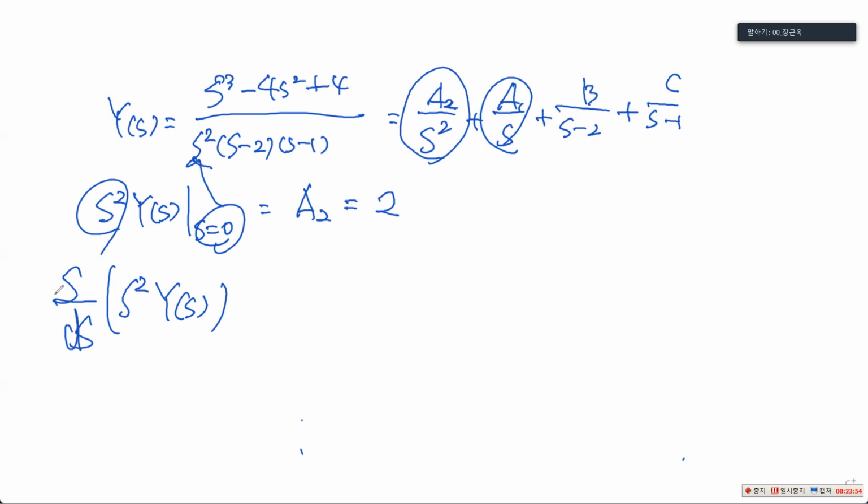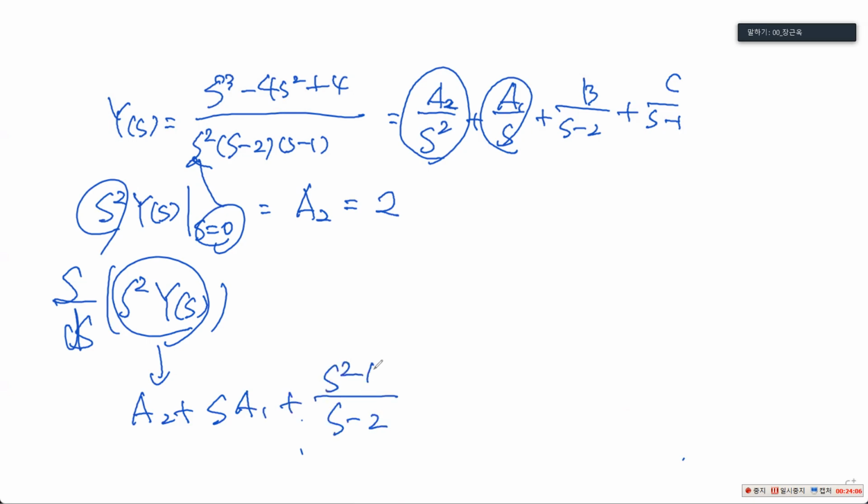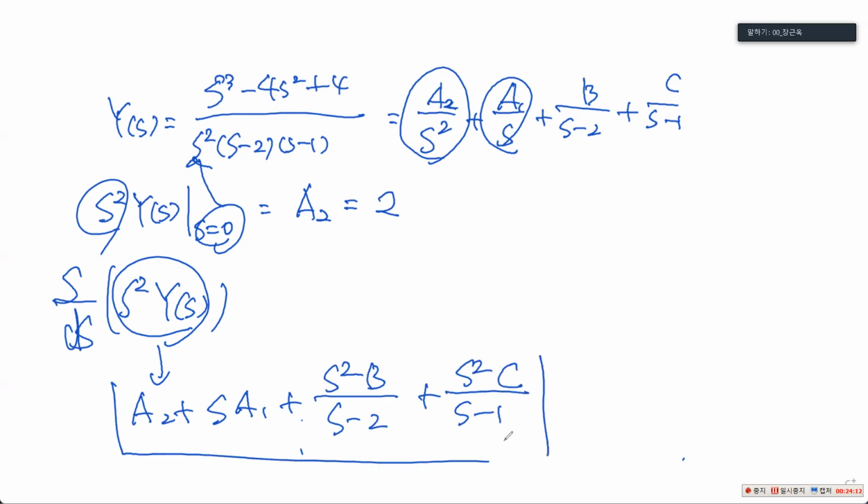Then it gives those parts, usually A2 plus s A1 plus (s minus 2) s squared B plus (s minus 1) s squared C. We take the derivative with respect to s, go to 0, then it gives A1.